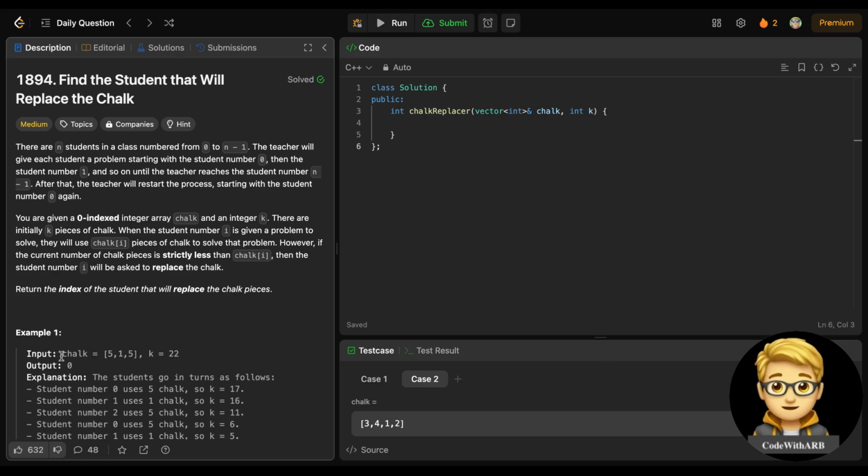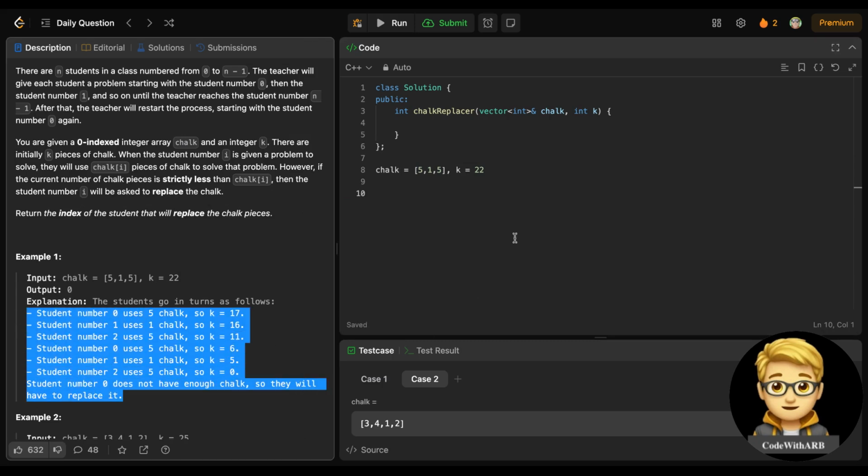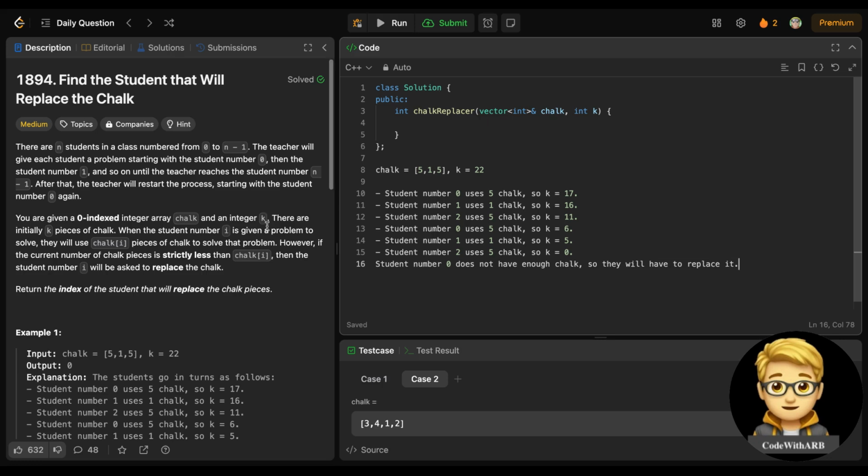Let me explain the first example, so you will better understand what the question is asking. The teacher will give the questions in sequence, student number 0, then 1, then 2.